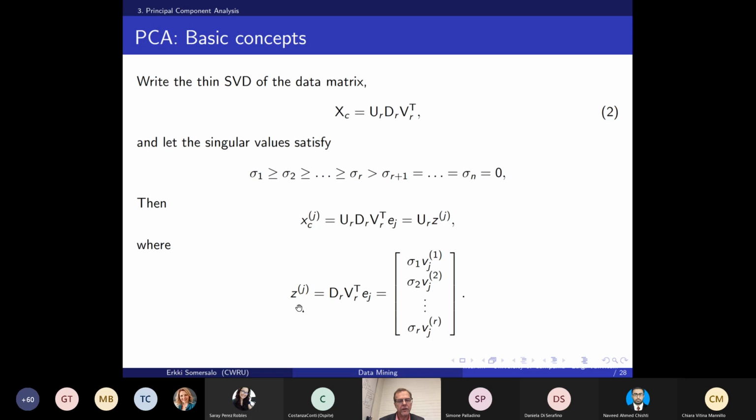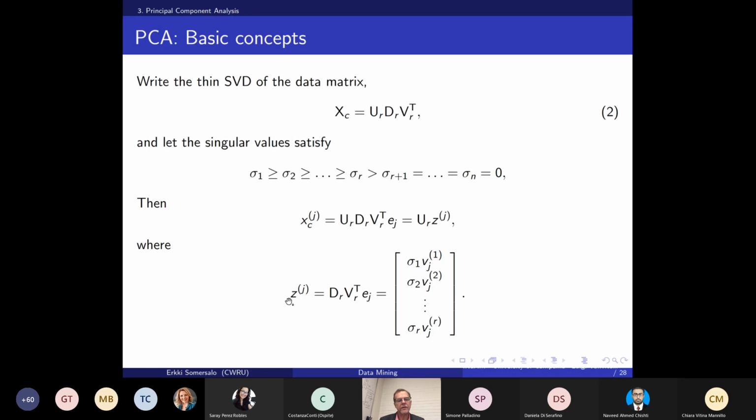It is a vector, which you can read off from the previous line, Dr times Vr transpose times ej. And what this vector looks like is sigma 1, the first singular value, times the jth component of the first right singular vector, etc. Sigma r times the jth component of the rth singular vector.